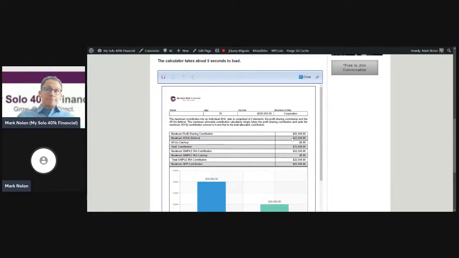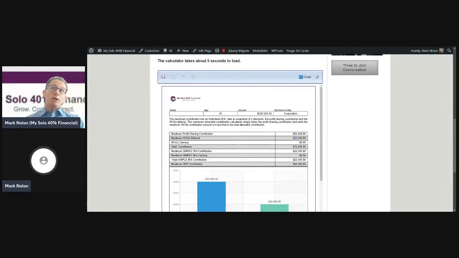So even though this figure totals $73,500, you can only contribute a total of $70,000, both employee Roth solo 401k and employer Roth solo 401k combined. So you would treat that $50,000 as an employer Roth contribution, and then you would treat $20,000 as an employee Roth solo 401k contribution.